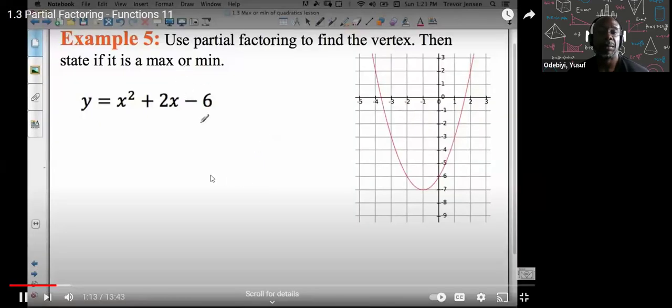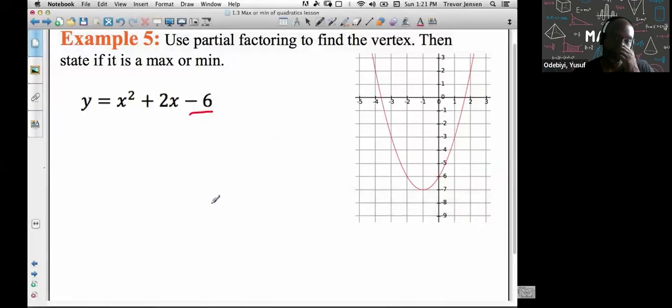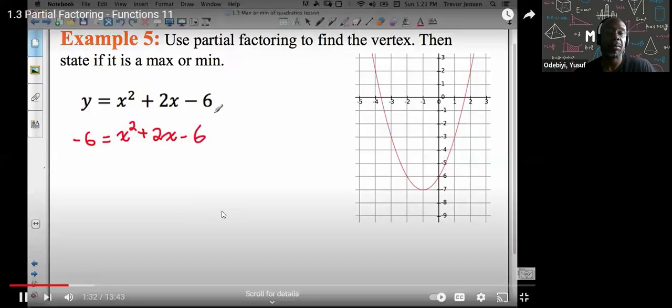But to find the vertex, the first thing we're going to do is look at the constant term in the quadratic and set the quadratic equal to that constant term. So I will write negative 6 equals x squared plus 2x minus 6. So I've taken the constant term and set the quadratic equal to that.